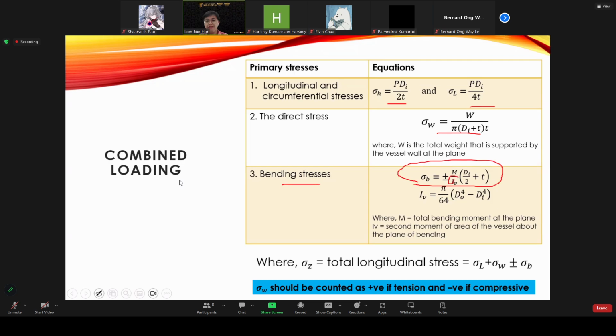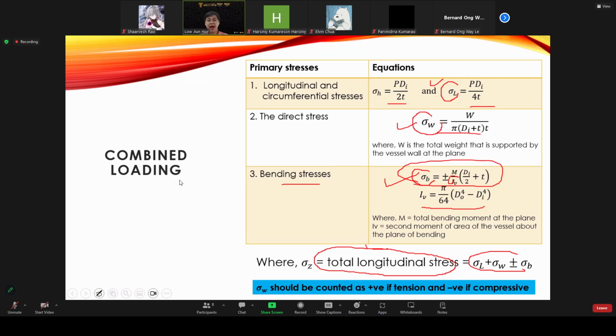How to calculate the Iv? By using the equation here. Torsional can be ignored, so that's why it's not included in the table here. When you add up these three values together, the direct stress, the bending stress and the longitudinal stress, then the total answer is known as total longitudinal stress.